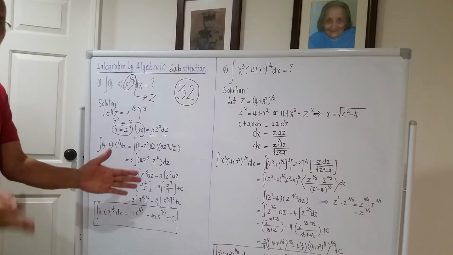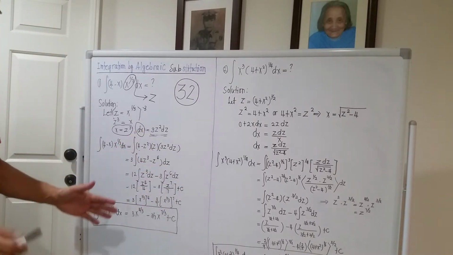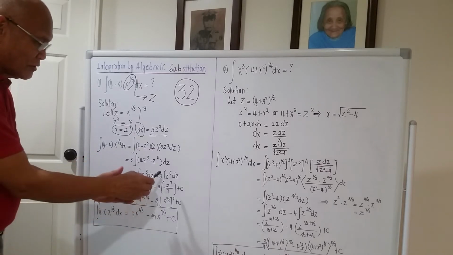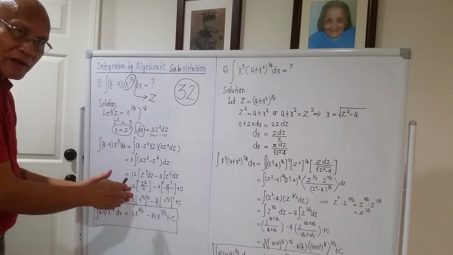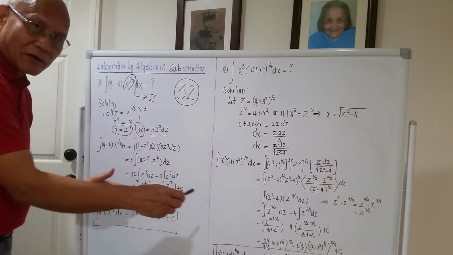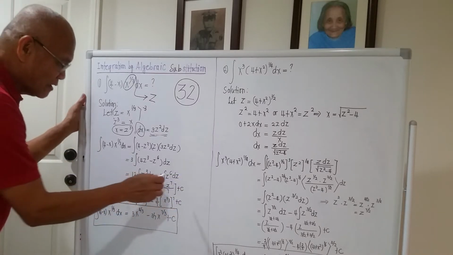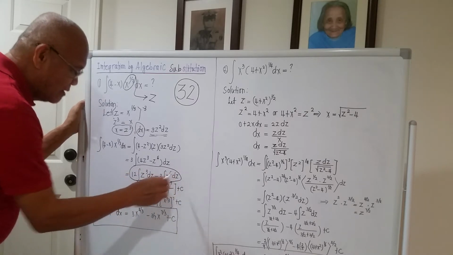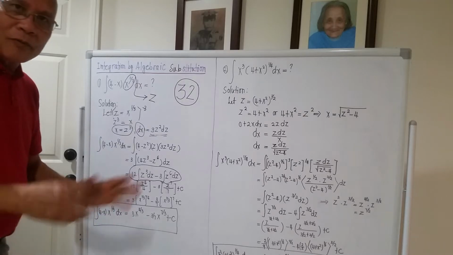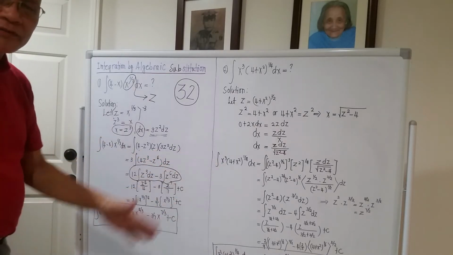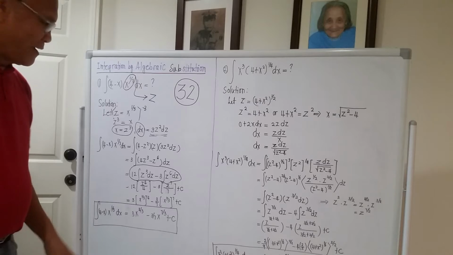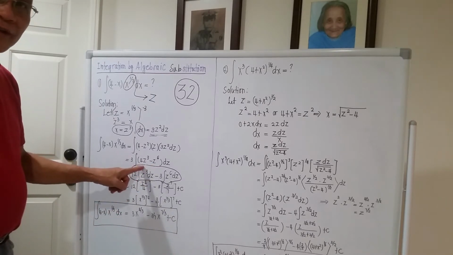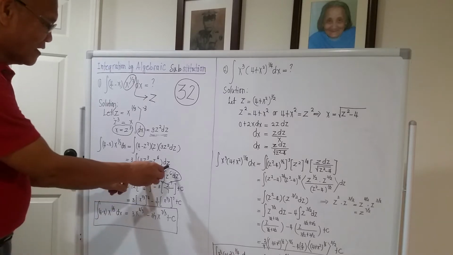dz. Power formula. The significance of this, after the substitution, expanding and simplifying, is what comes out is this one here. And from the look of it, it's just under the power formula. The value of u here is z, du is dz, exact.